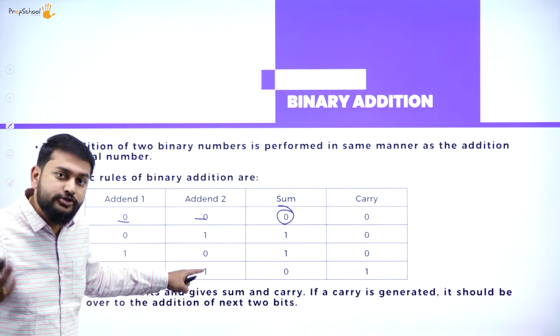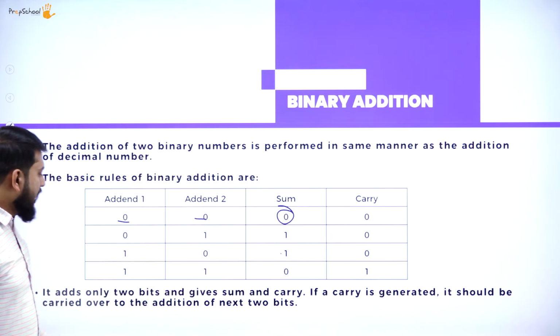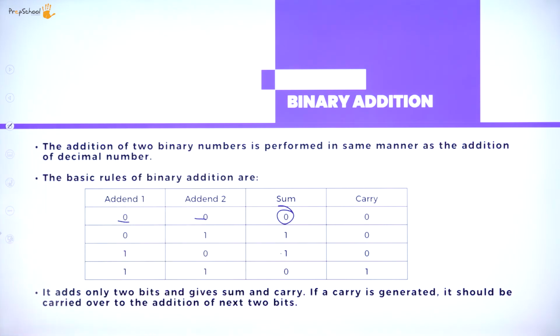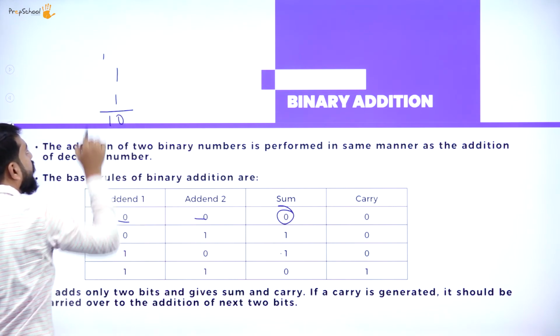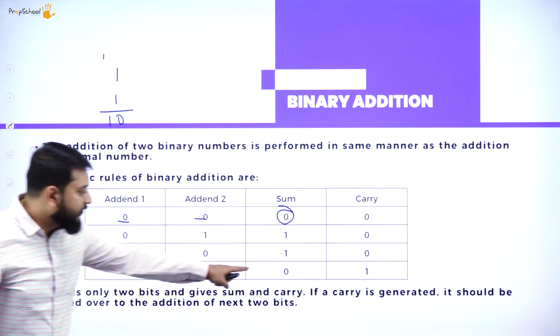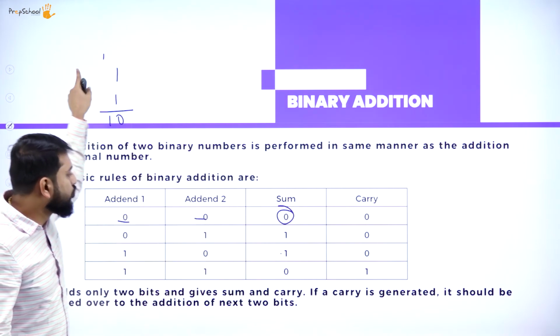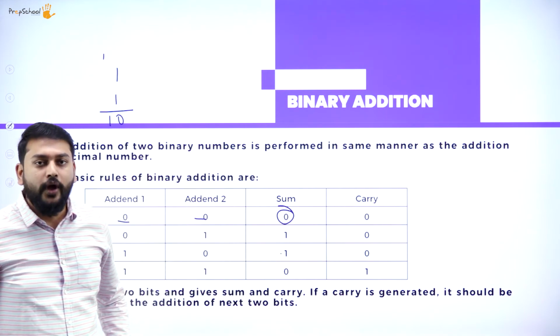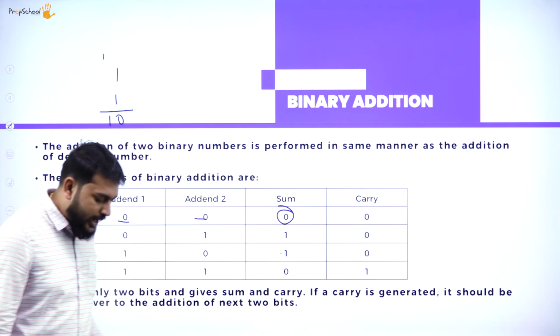Same result: the sum is 1 and the carry remains 0. And then I have 1 plus 1. In binary, 1 plus 1 is 1, 0. So this 1 will go for a carry. Sum is 0, which we have written here, and 1 is going for the carry, which I've written as 1. That's how we perform the addition.